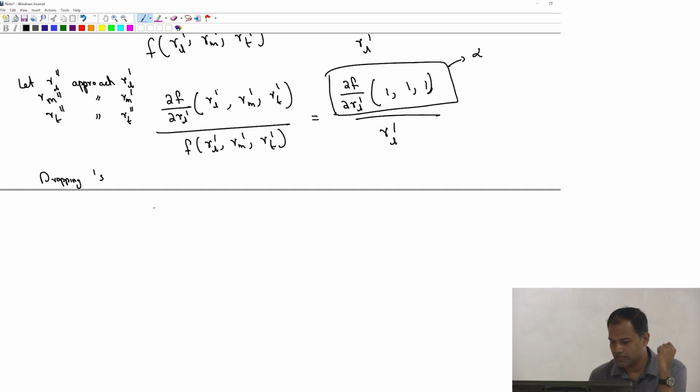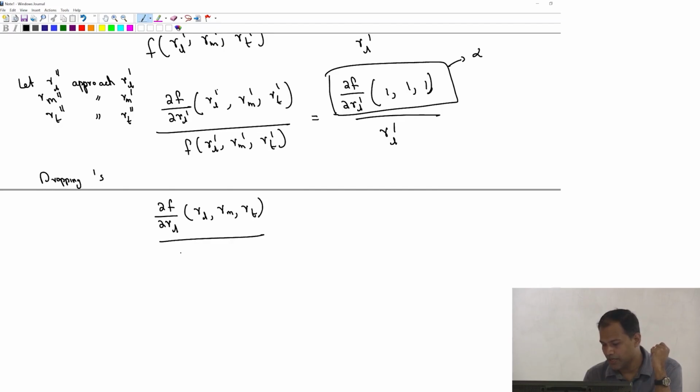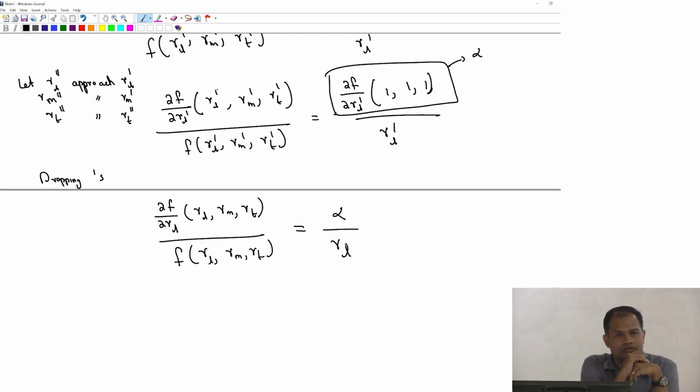I'll just write it as dou f by dou RL, a function of RL, Rm, Rt, divided by f, function of RL, Rm, Rt, is equal to alpha by RL. That's what we ended up with.